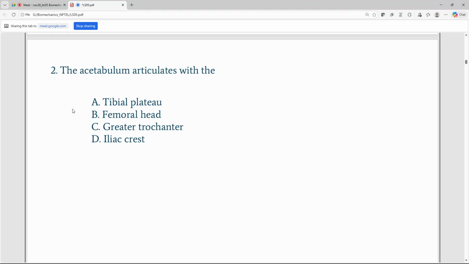Next question. The acetabulum articulates with which of the following? Options are tibial plateau, femoral head, greater trochanter, iliac crest.